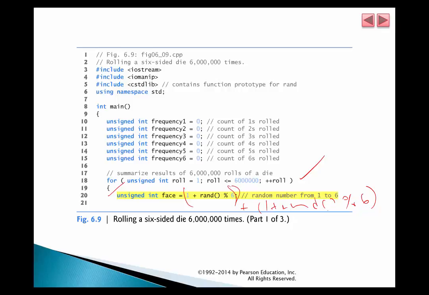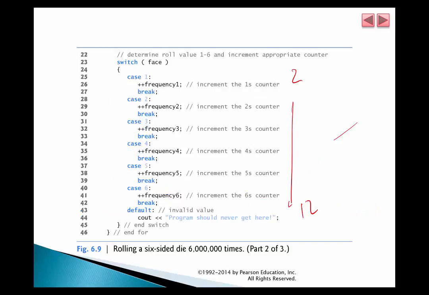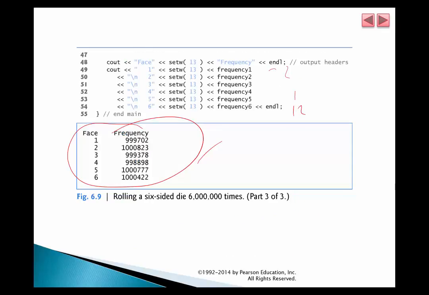Actually 3 changes. Change number 1 is you would have 2 dice thrown right here. Change number 2 is you change your switch statement from 1 to 6 to 2 to 12. And then change your cout to include frequencies 2 through 12, and just to see that it's not uniform.